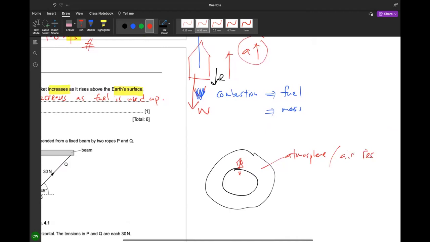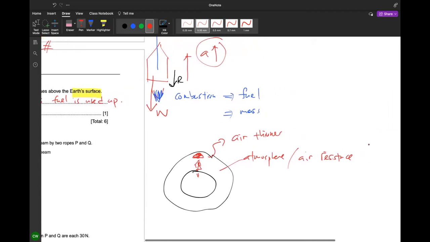But when it rises to a certain height, when it goes higher and higher, what happens to the air? The air becomes thinner. When the air becomes thinner, then air resistance decreases.